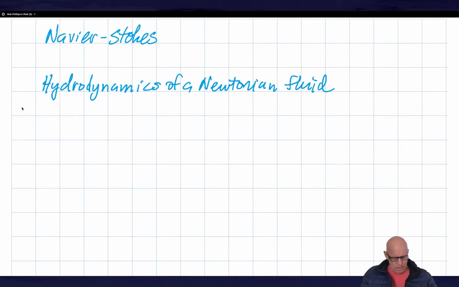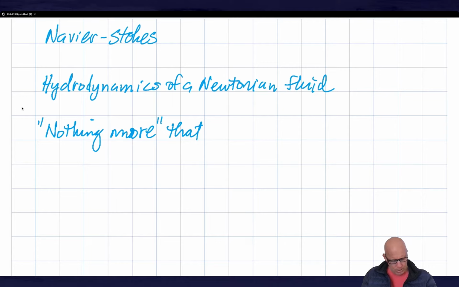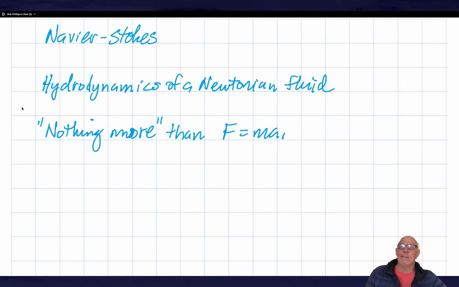Really, the way I want you to think of this is, I'm going to say this is "nothing more" than F equals ma. The reason I put it in quotes is because the Navier-Stokes equations are hard, and there's a mathematical prize for somebody who can even solve them. So, in generality, it's really hard stuff.